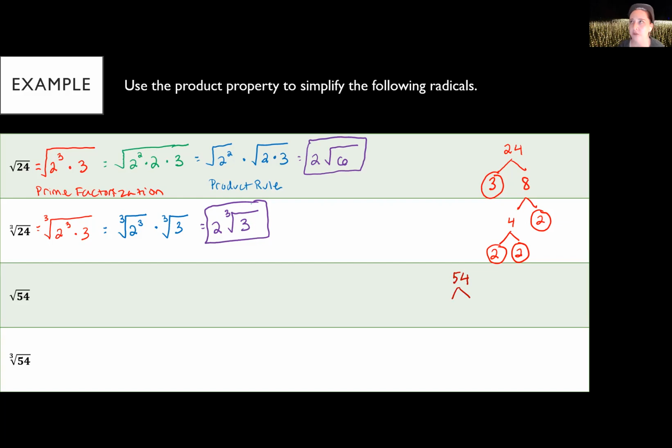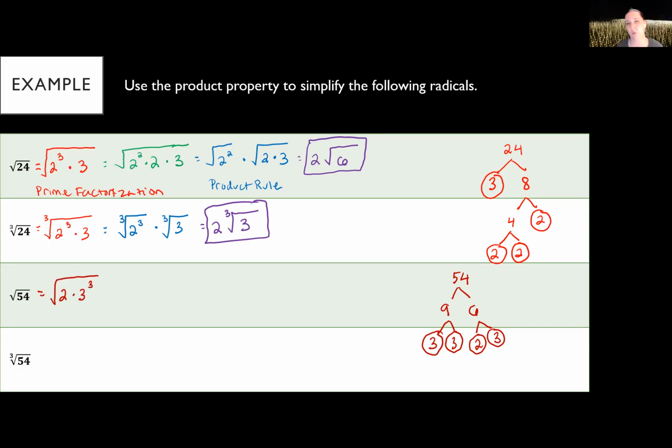So 54 is 9 times 6. 9 can be split up as 3 times 3, which are prime numbers. And then 6 can be split up as 2 times 3. So 54, when I write it as the prime factorization, I've got a 2, and then I've got a 3, oops, I wrote 2 again, 3 to the third.